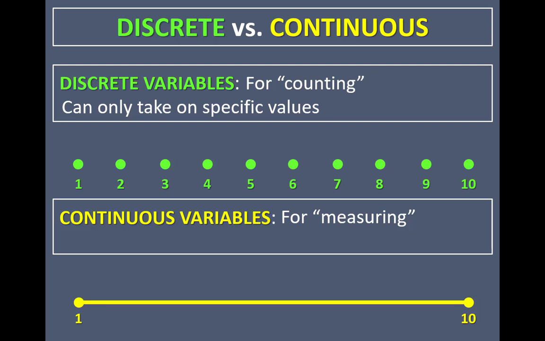So, as we said, discrete variables can only take on a very limited, specific amount of values between two set values, whereas a continuous variable can take on an infinite number of values between any two values. There is an infinite amount of possibilities between 1 and 10, or for that matter, between 1 and 2, or 2 and 3.